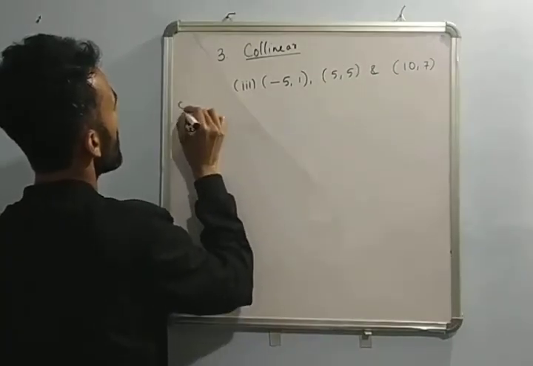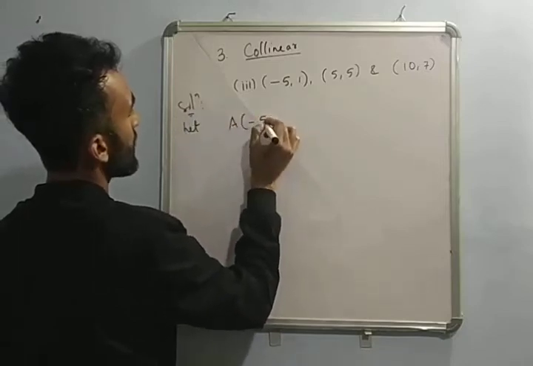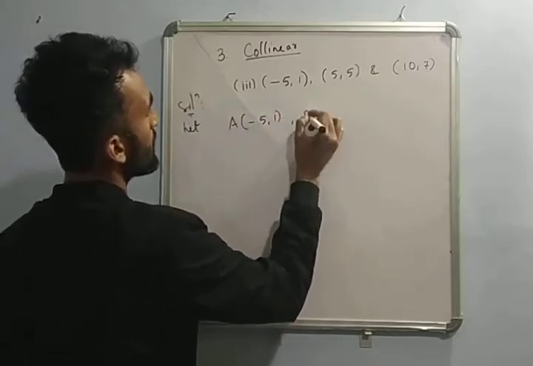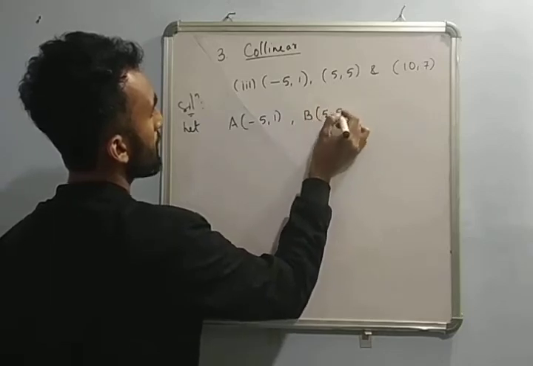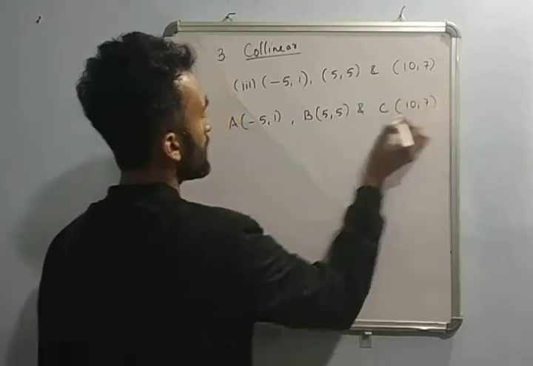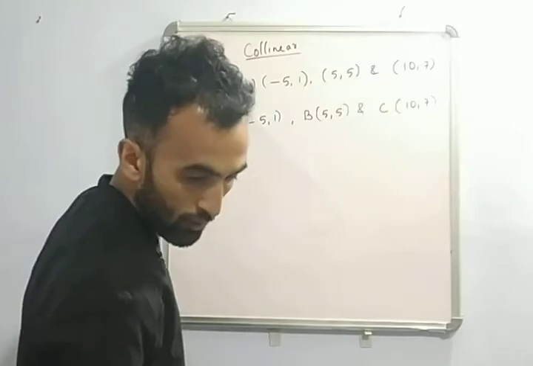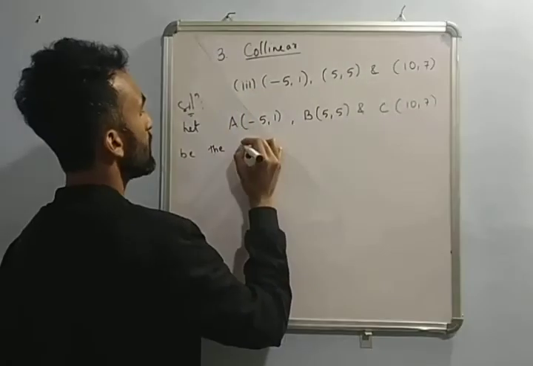Now, this is the solution. Let A minus 5, 1, B 5, 5 and C 10, 7 be the given points.